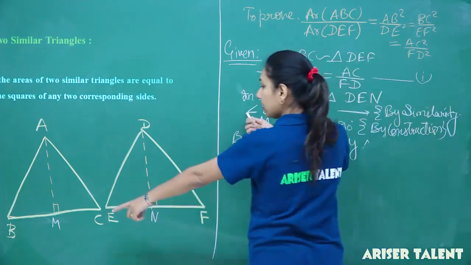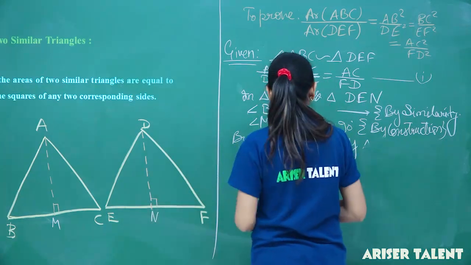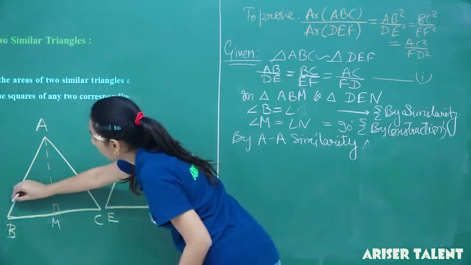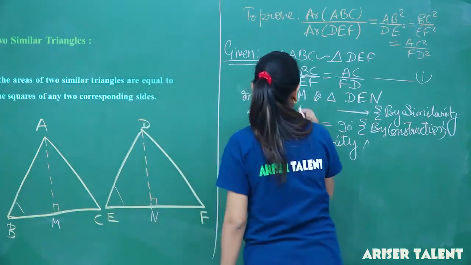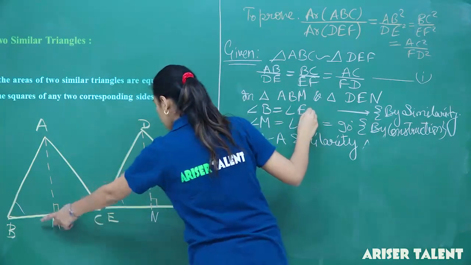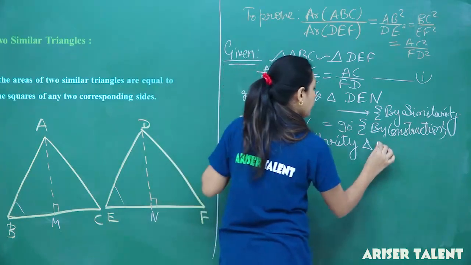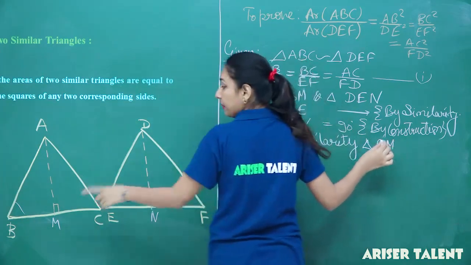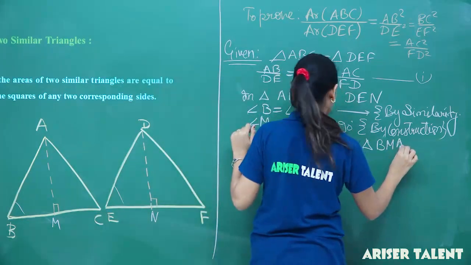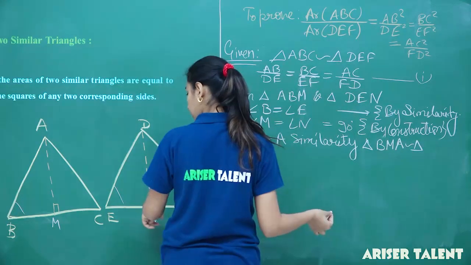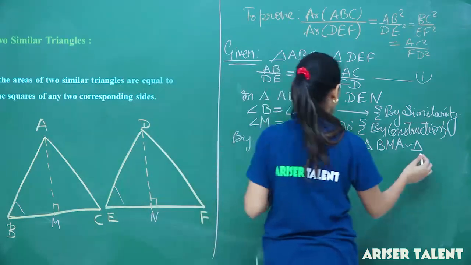So this angle B equals this angle E. Angle B equals angle E and angle M equals angle N. So triangle BMA will be similar to triangle E and D.